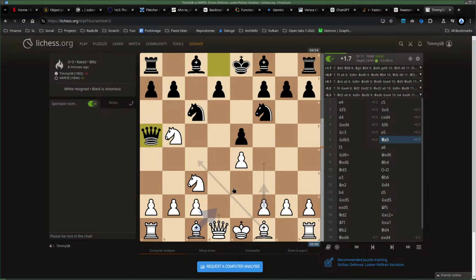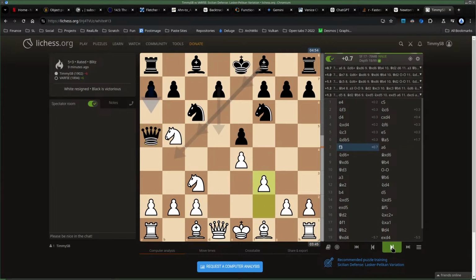Plus 1.7. The queen move is bad. What should I have done? Just simply develop the bishop, threaten to move my knight. Yeah, it's a logical move. If I do that now, he can't take on b2 either. But what did I do? f3. Ridiculous.